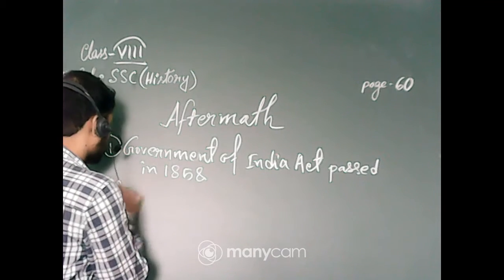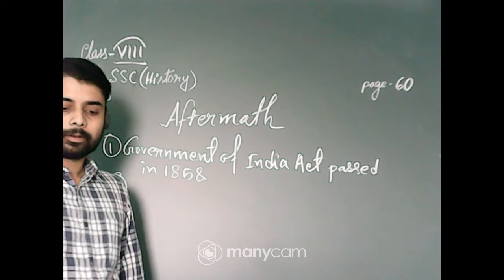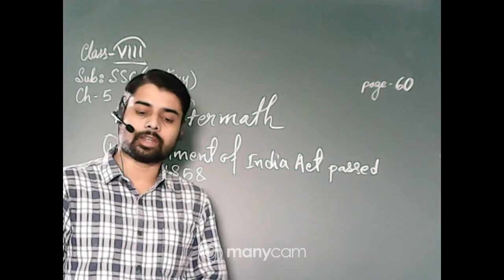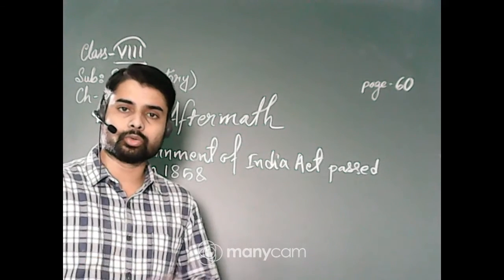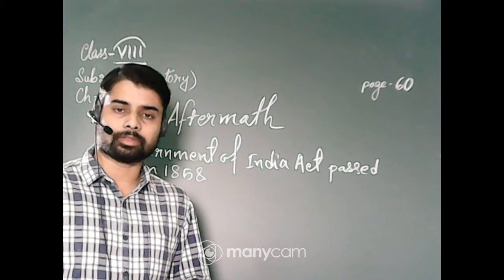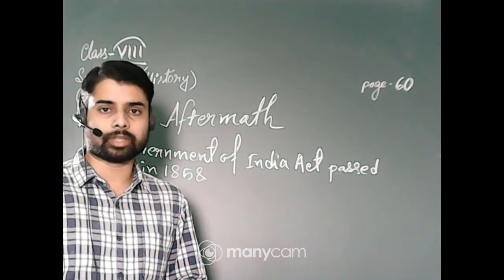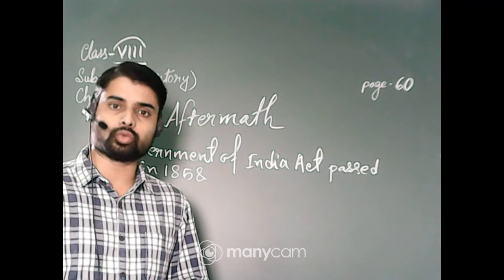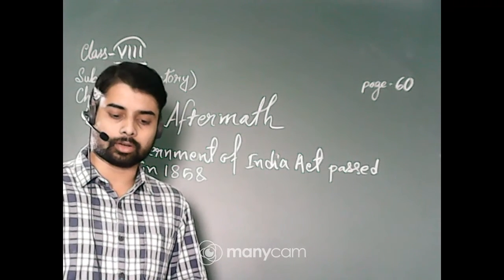Number 2: all the Indian kings, the native kings, were now allowed to retain their kingdoms, and they could pass their kingdom and authority to their adopted sons. It was allowed by the British.